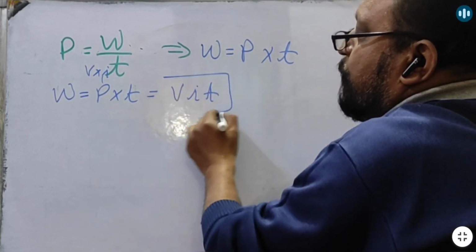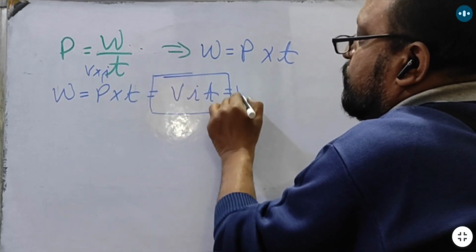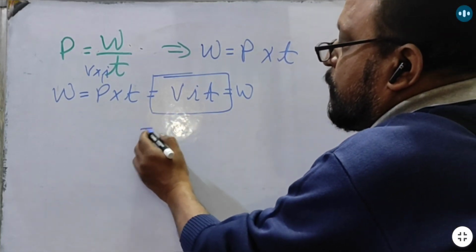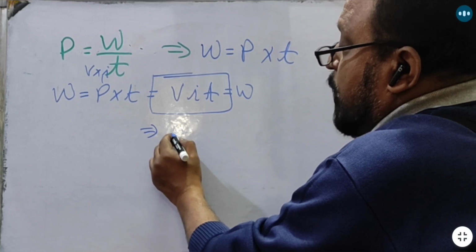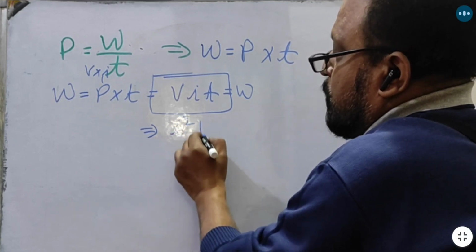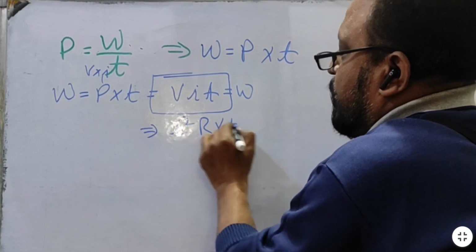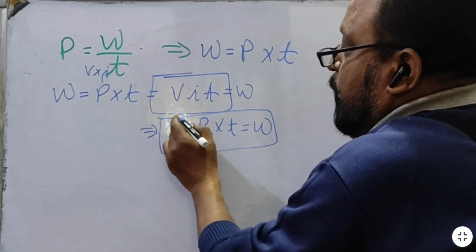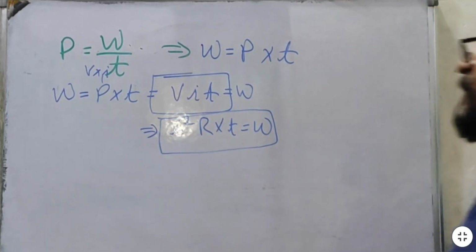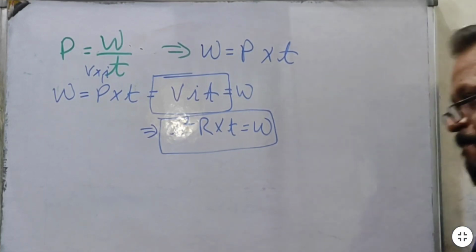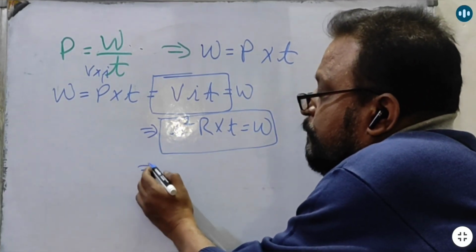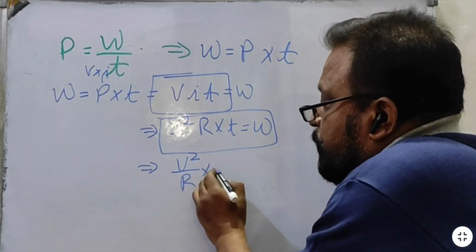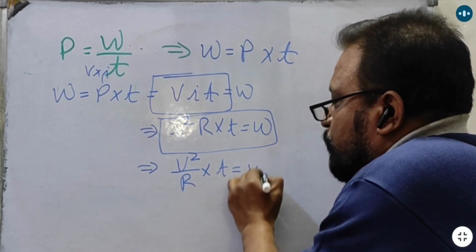This is one formula we have with W. Another we can write is I square R into T is equal to W, right? I square RT, this is W. And the last one we have is V square upon R into T is equal to W, right?